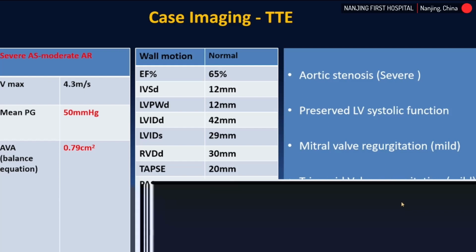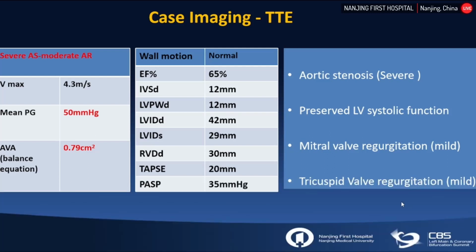According to the calculations, it's a typical severe aortic stenosis with normal LV function, without any aortic regurgitation, with a very small LV cavity, and a mild mitral regurgitation.